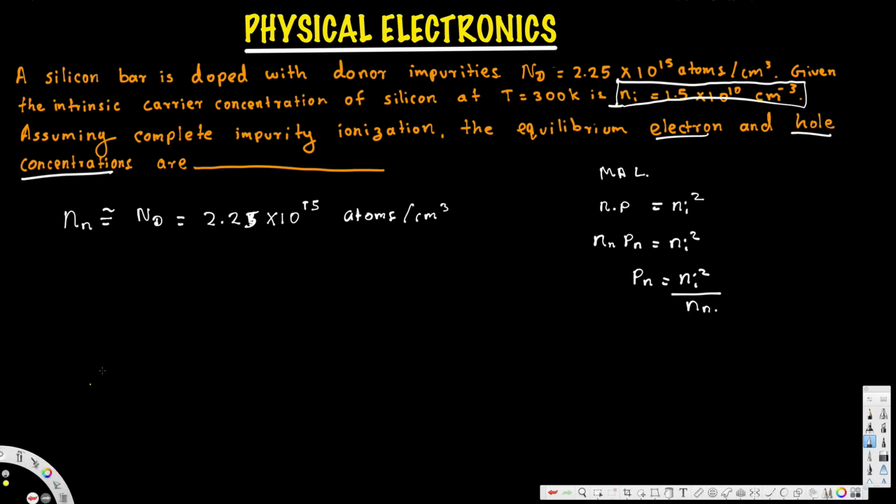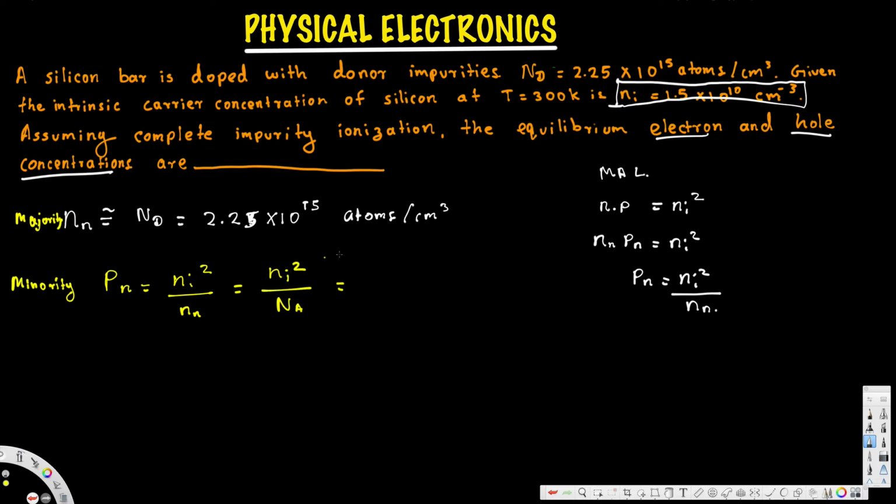Now let's go ahead and plug it into the equation. So Pn is going to be Ni square divided by Nn. This is majority, and this is minority. Minority is holes. And when they say complete impurity ionization, instead of Nn we can write Nd, since Nd is the number of electrons we have.